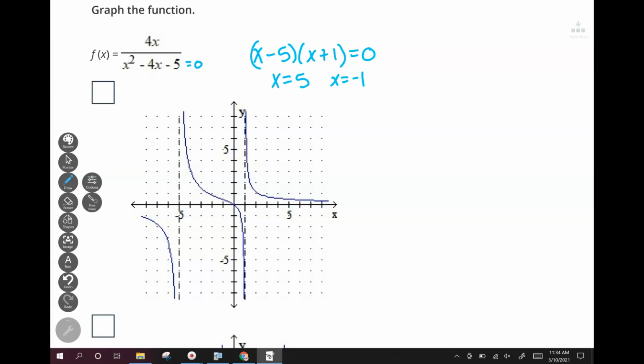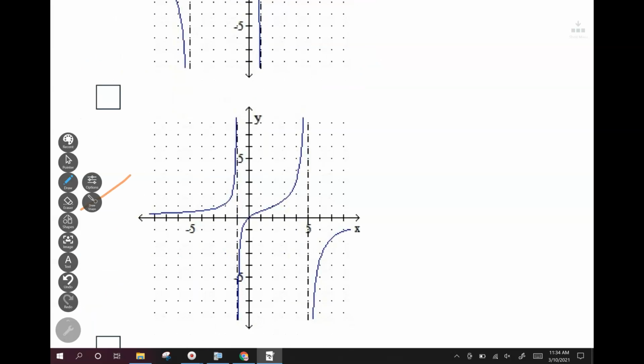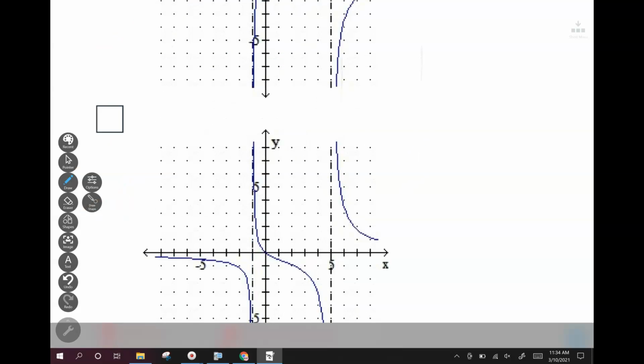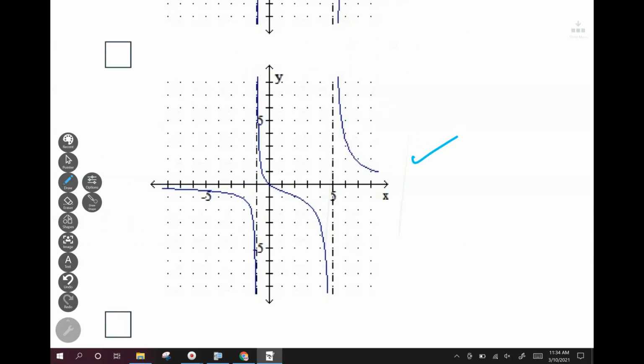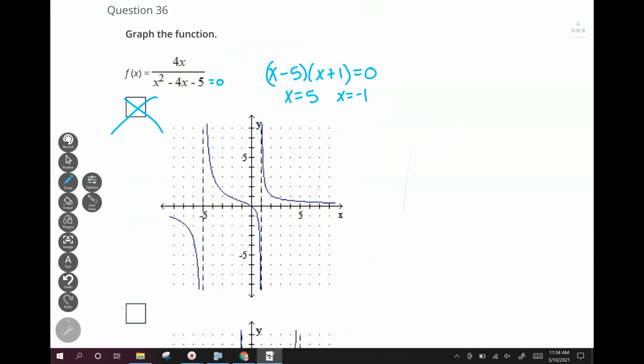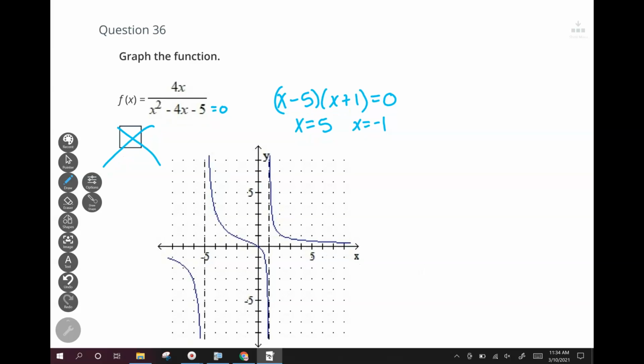X equals positive 5, so not that one. Positive 5 and negative 1, so that's good. X equals positive 5 and negative 1, that one's good. I can't see the last one, so I'm just going to go with these three for right now. Horizontal asymptote should be at 0 since my degree is greater in the denominator, so y equals 0 is my horizontal asymptote.